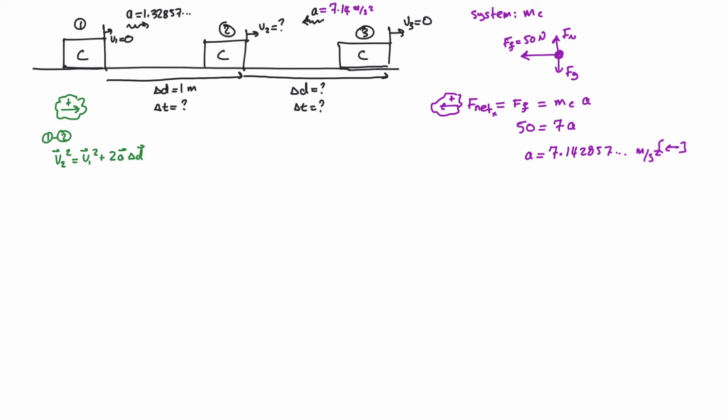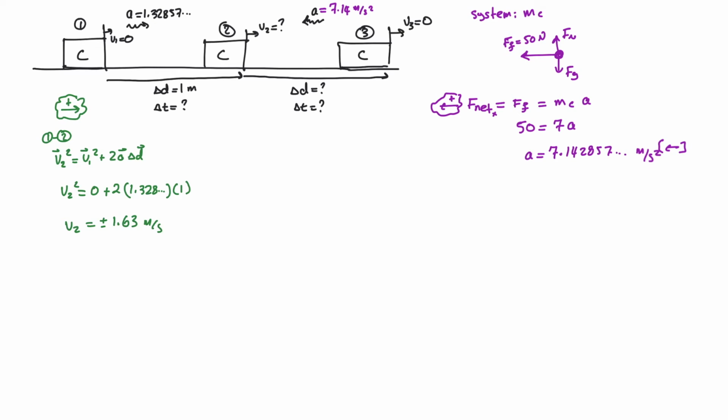So v2, what I'm trying to calculate, is equal to v1, which is 0, oh, that's very nice, plus 2 times my acceleration, 1.328, and my displacement is 1. And if I put that on my calculator, I get v2 as plus or minus 1.63 meters per second.